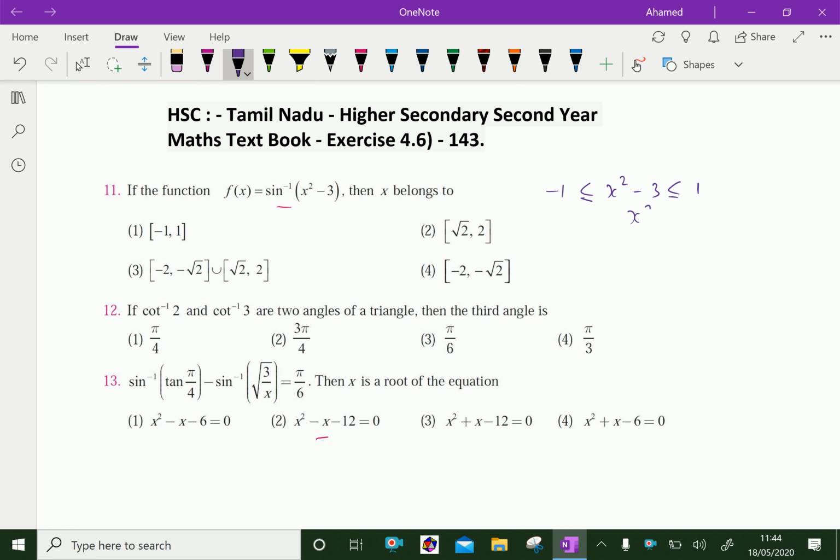Therefore, here x squared lesser or equal to... on this side is minus 3 plus 3, minus 1 plus 3 is 2. This side is 1 plus 3 is 4.